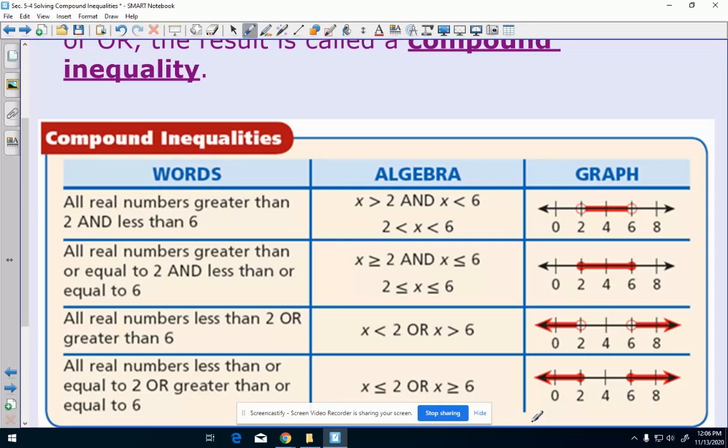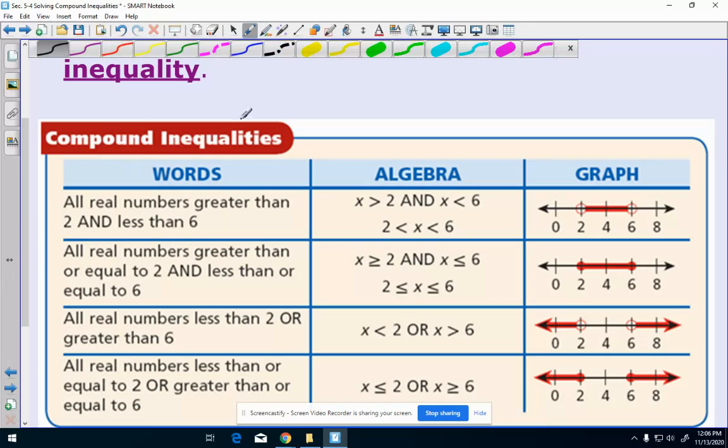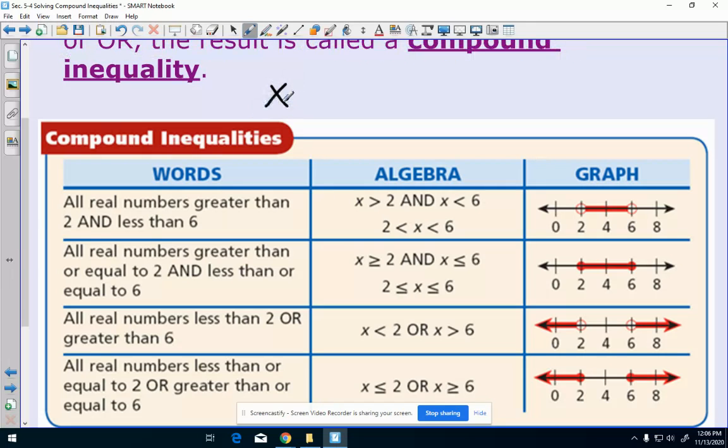Does that make sense? Now, there's obviously a rare situation where this doesn't take place. Okay. So think for a second. If I said to you, find me a value that is greater than 8 and a value that is less than 4.